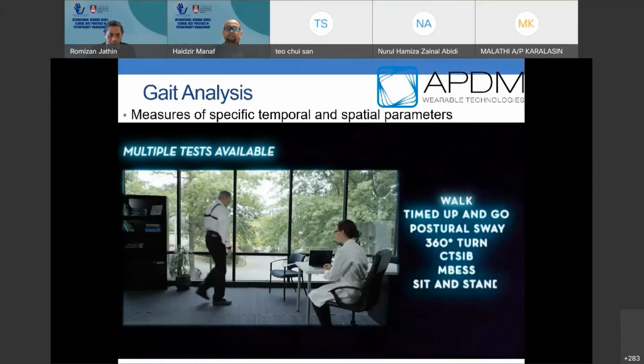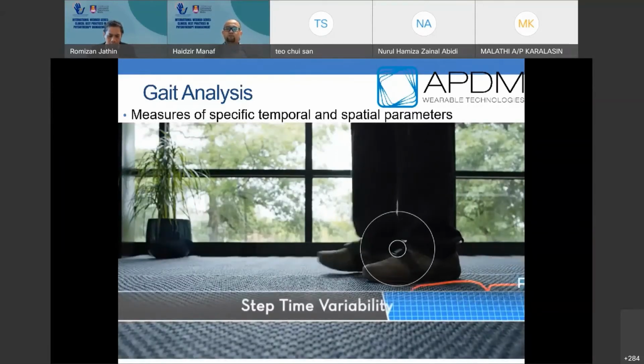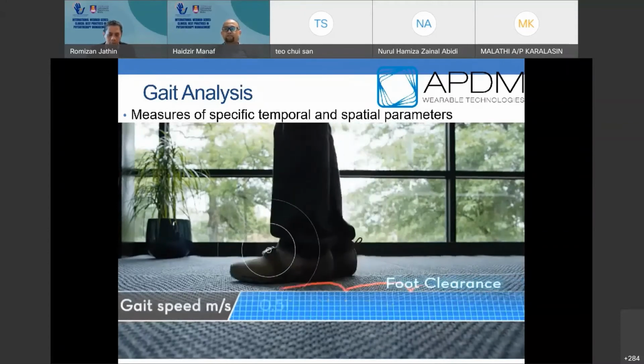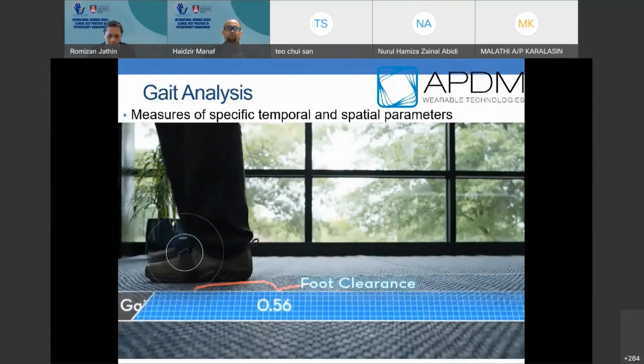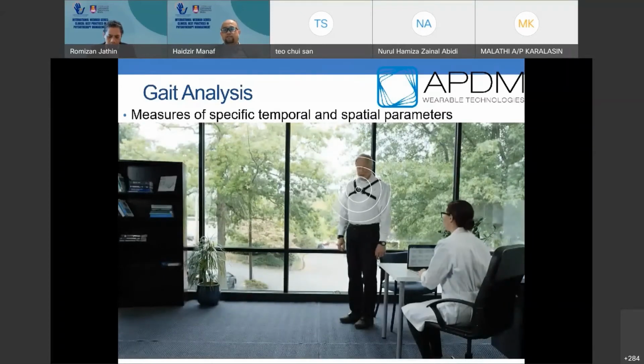Embedded in the system, they have algorithms that can calculate the Timed Up and Go, stairs, postural control, and step length variability, gait speed, for each step length and stride length.